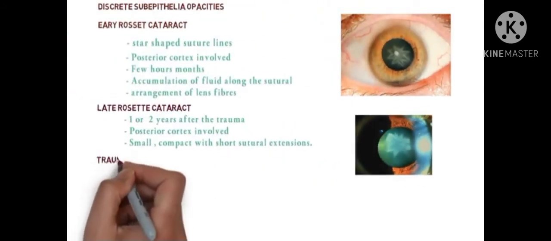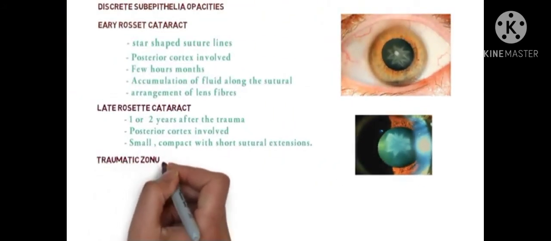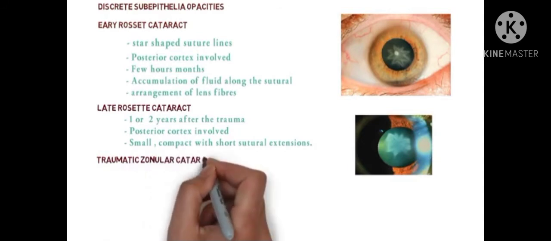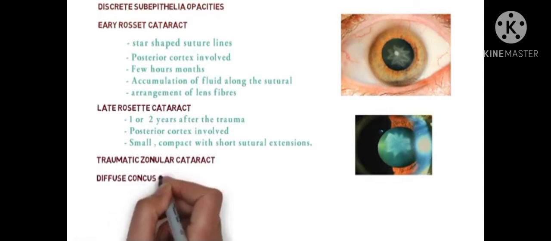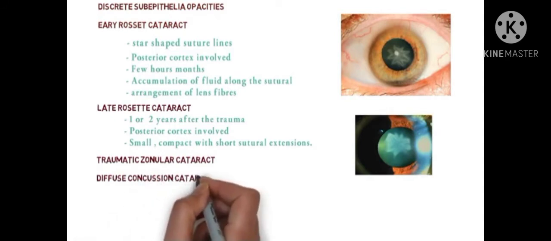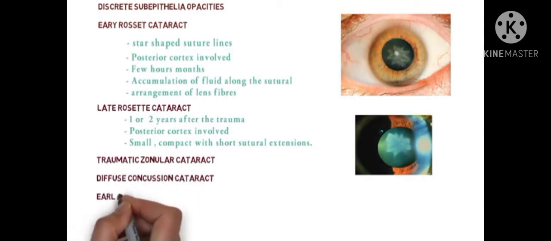Look over here, here we have the image of the late rosette cataract, with small, compact, short sutural extensions. It may cause dramatic zonular cataract, diffuse concussion cataract, or early maturation of senile cataract following the blunt trauma. So this is all the important detail about the traumatic cataract.